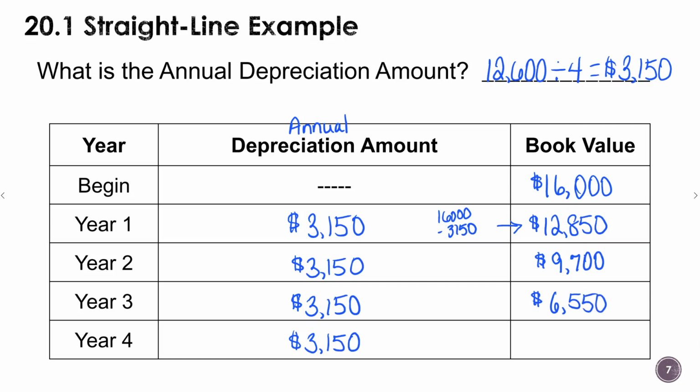We subtract 3,150 again, and then our car is worth $3,400. And on our last line, our book value can never go below our salvage value. And it works out perfectly for the straight line method, which is nice. Okay, so that's straight line.